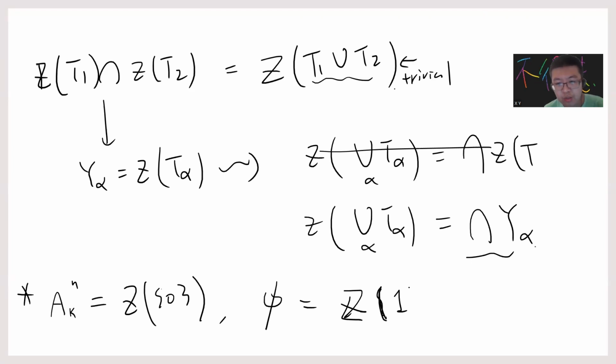Or you take the ideal generated by all of K[x1, ..., xn], all the polynomials. Then there is no point such that it is a root of all the polynomials.